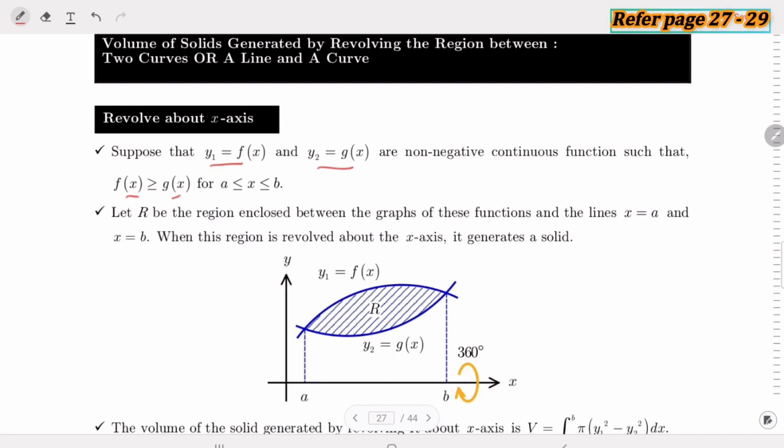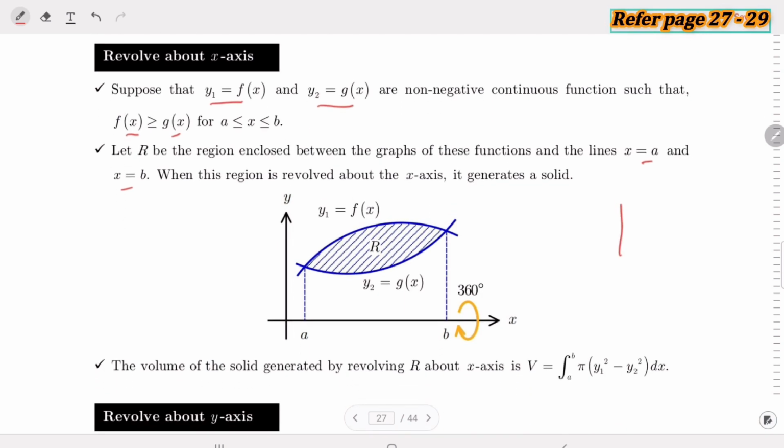So what do we do? Let R be the region enclosed between these two functions, f(x) and g(x), and the lines x equals a and x equals b. When this region is revolved about the x-axis, it generates a solid.